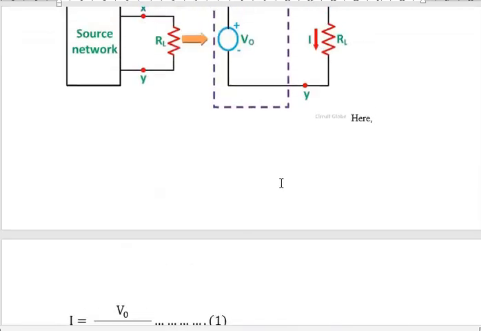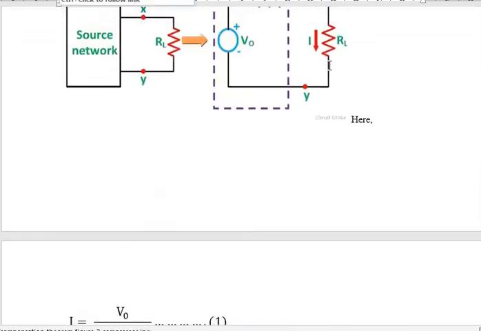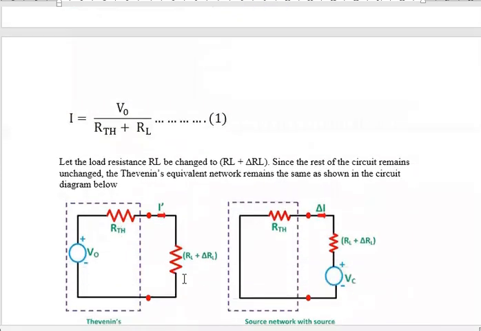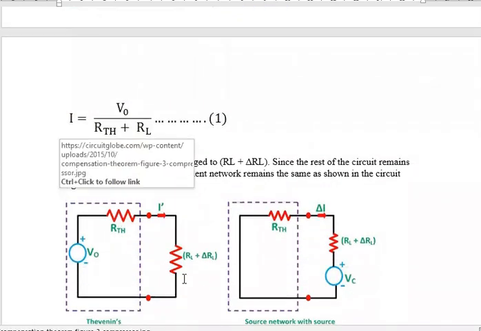Suppose previously it is 5 ohms, now one more 2 ohms is being added in series with 5 ohms. That means there is a change in resistance of this load branch. So previously it is only RL, suppose 5 ohms. Now it is RL plus delta RL. Now delta RL is 2 ohms being added. So 5 plus 2 ohms.